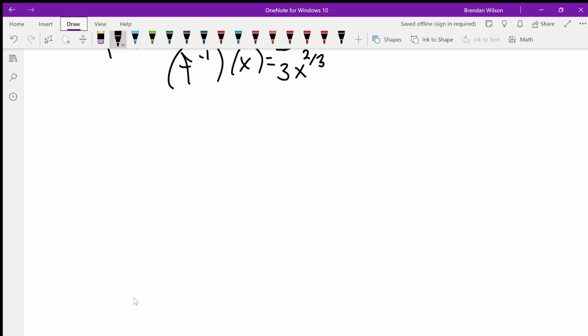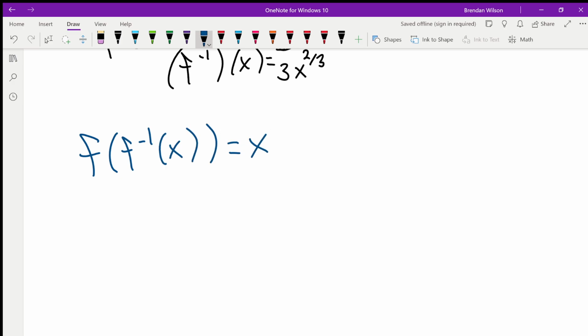And we can get it from that identity that I wrote up above, namely that f of f inverse of x equals x. Okay, so with this, we can take the derivative of both sides.